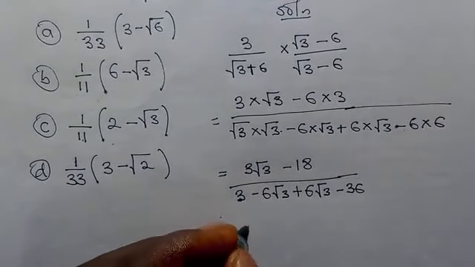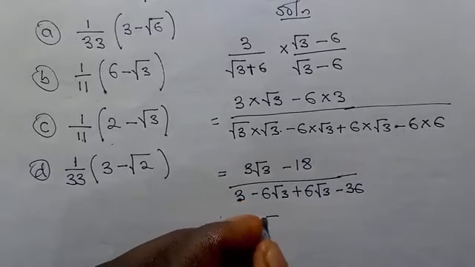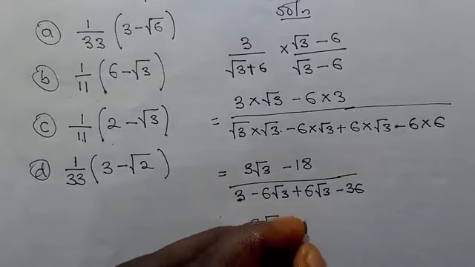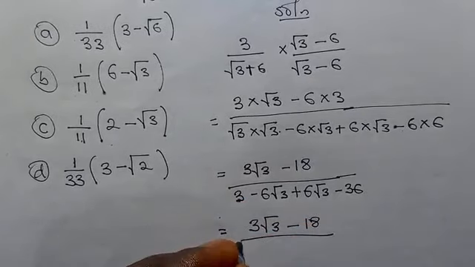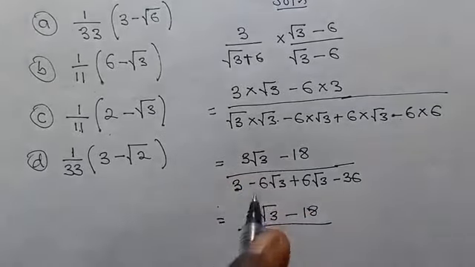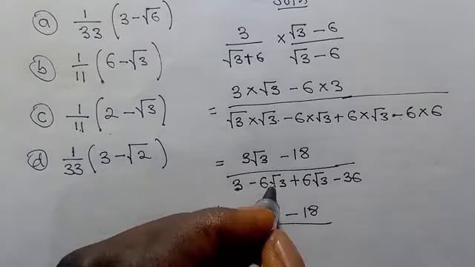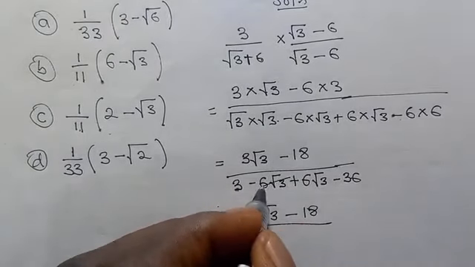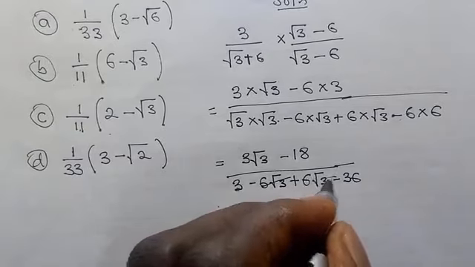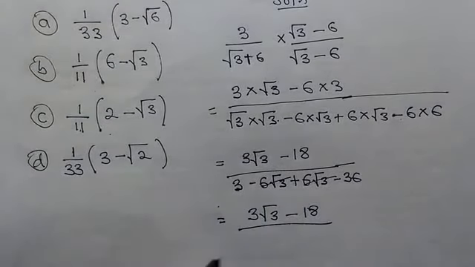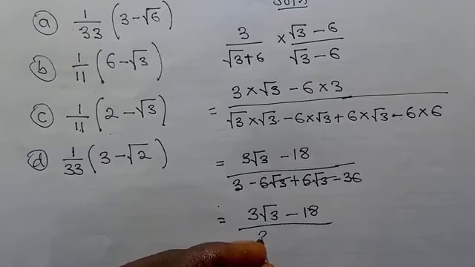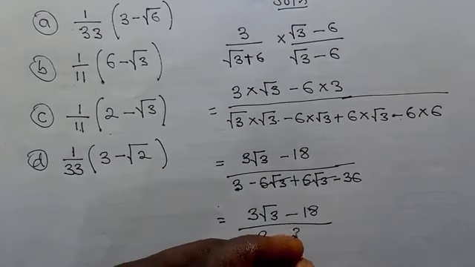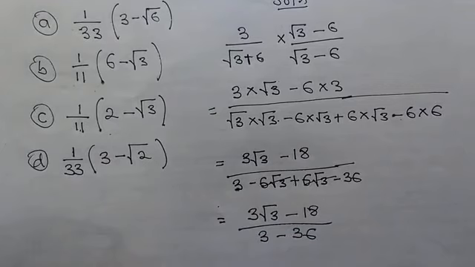That's equal to 3 root 3 minus 18 divided by, when you look at this denominator, minus 6 root 3 cancelling plus 6 root 3. And what we are left with in the denominator is 3 minus 36.